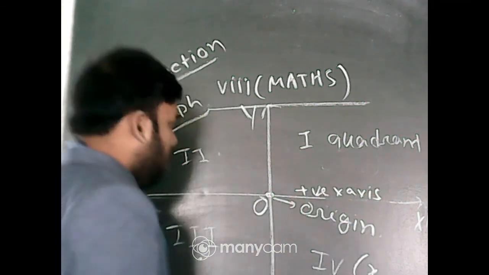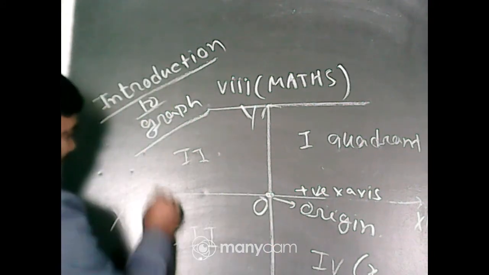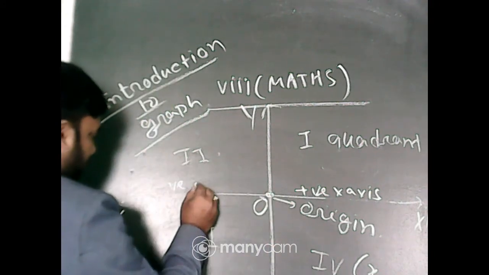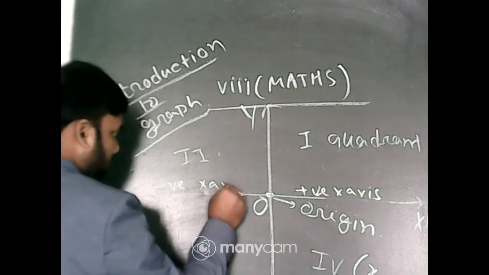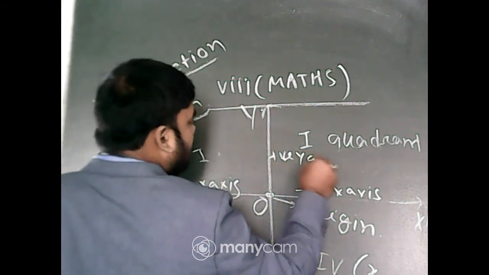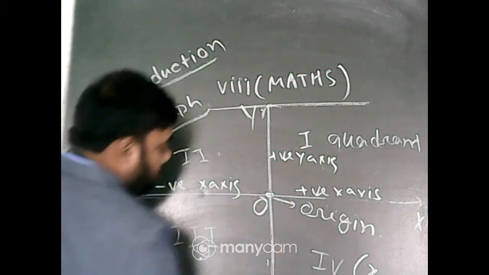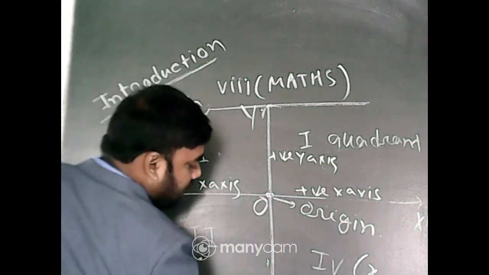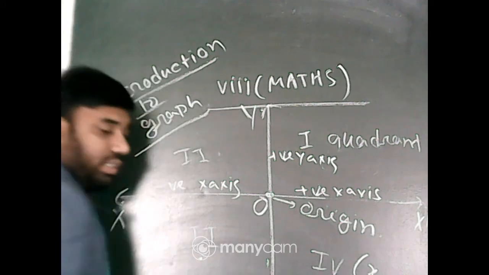From the origin to the other side is the negative x-axis. From the origin upward is the positive y-axis, and from the origin downward is the negative y-axis. Got it? Yes or no?